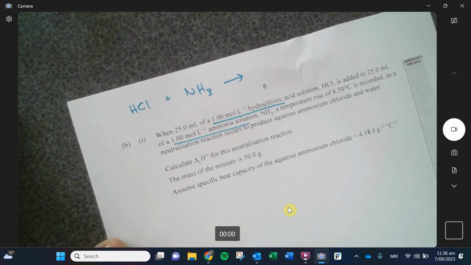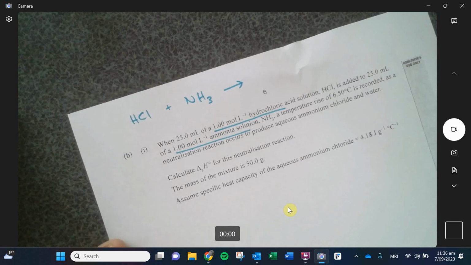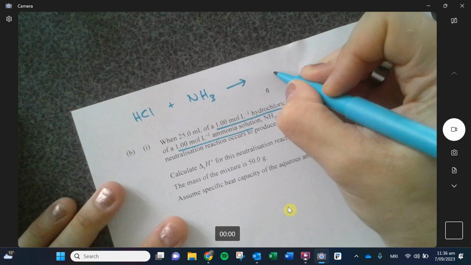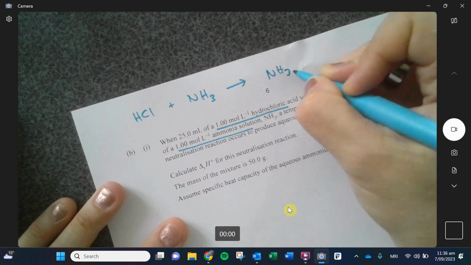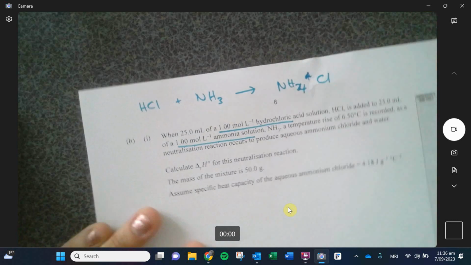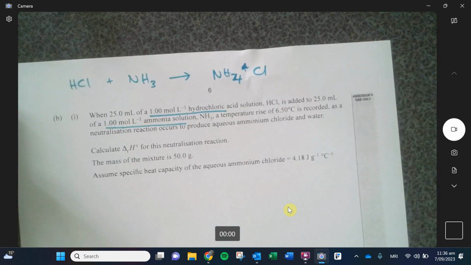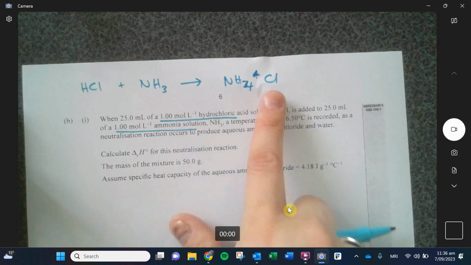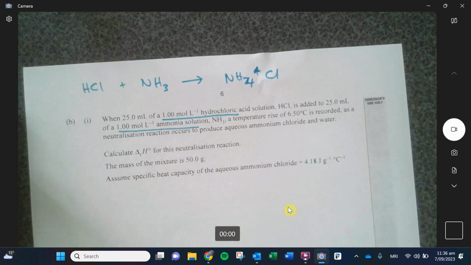How are you forming H2O? Oh, I see. All right, so yeah, that's what you're forming. That's the general equation. So you're going HCl with ammonia. You're making ammonium chloride as your product, and water.